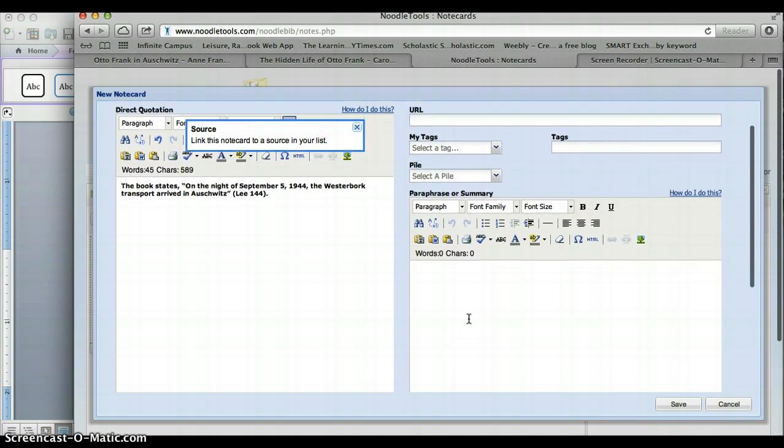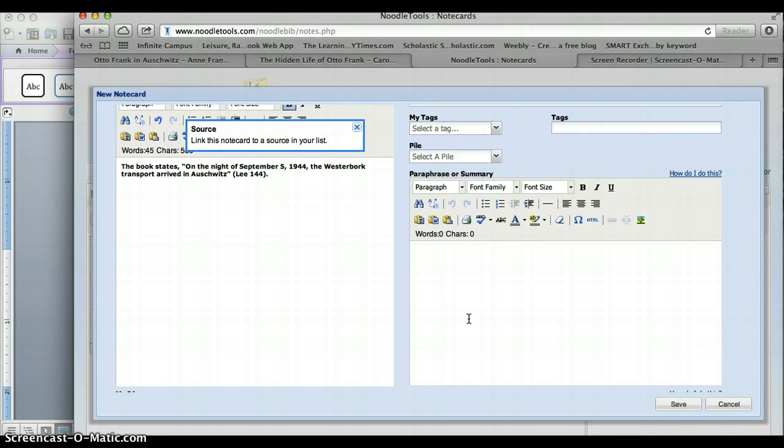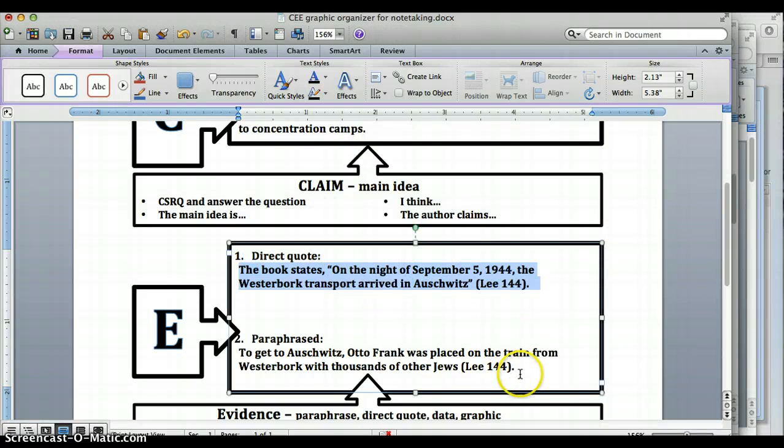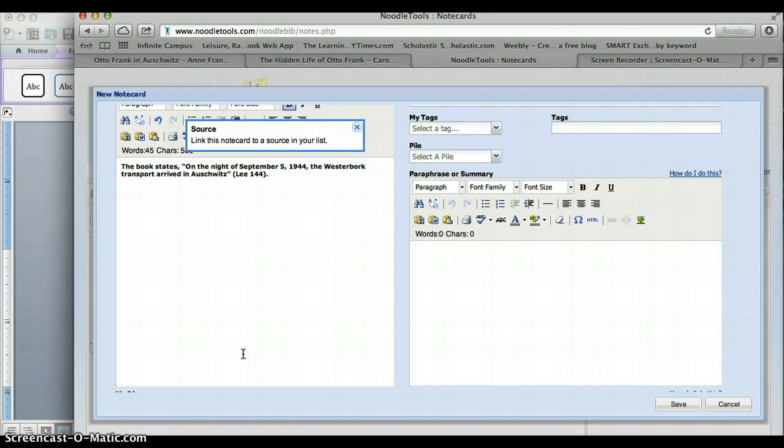You're then going to do the paraphrase or summary. This is again just showing the evidence in your own words. We did this yesterday in class, so I'm going to copy and paste that evidence in our paraphrase box.